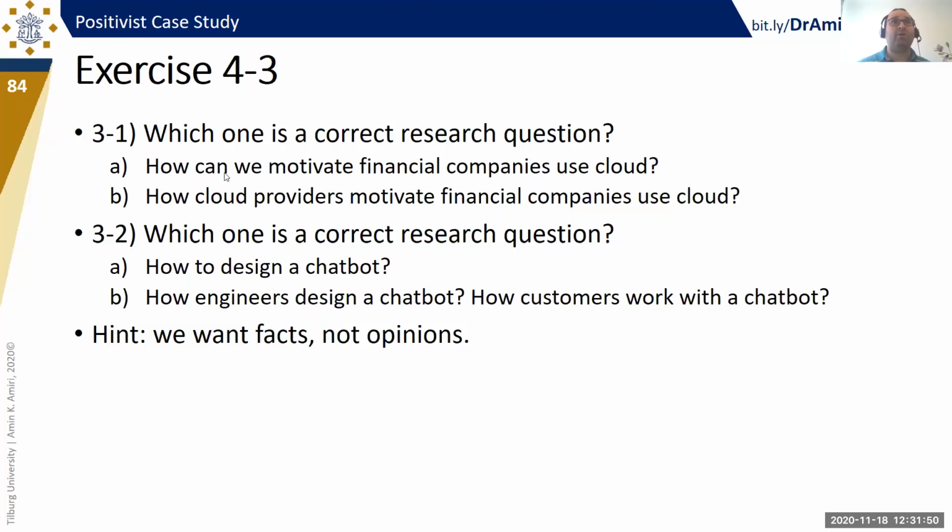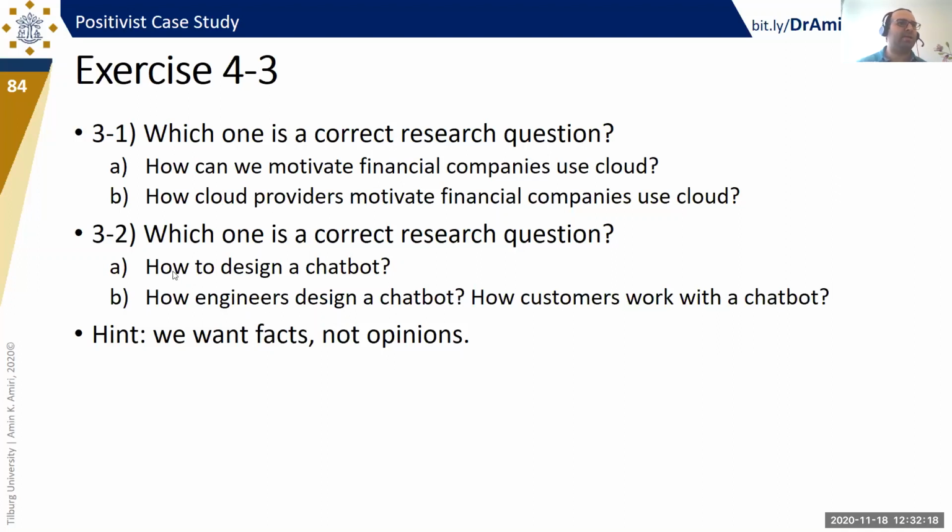The research question says, how can we motivate financial companies to use cloud? So the research question forces you to have questions in the interview that are related to this. In reality, the question should have been how cloud providers motivate financial companies to use cloud. So at the moment or in the past, how did these cloud providers motivate financial companies to use cloud?